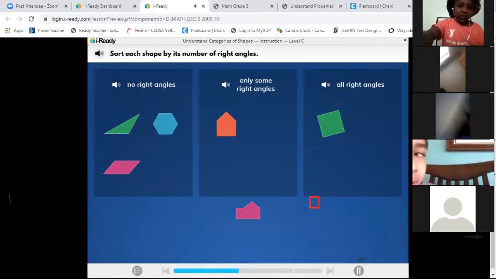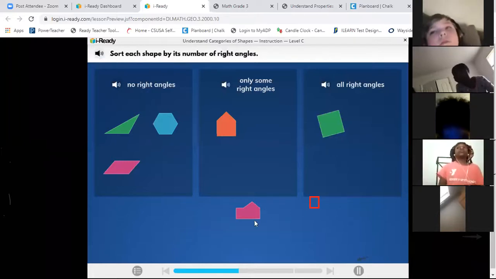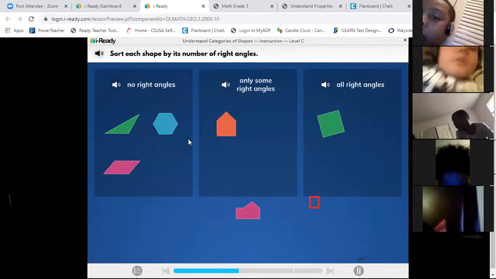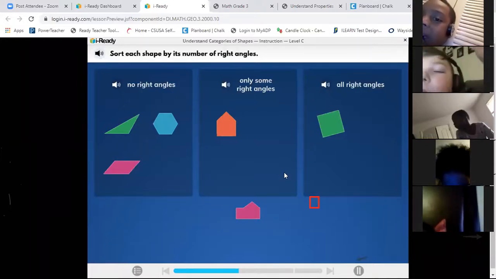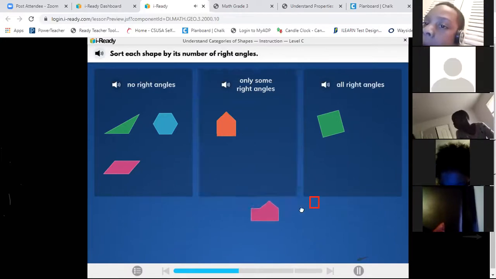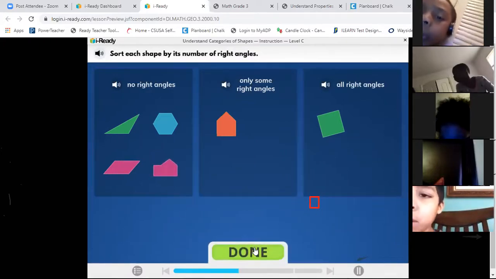Okay, is Rondre there? Rondre, where does this hexagon go? In box number 1. No right angles? So you don't think the square goes anywhere at all? No. All right.